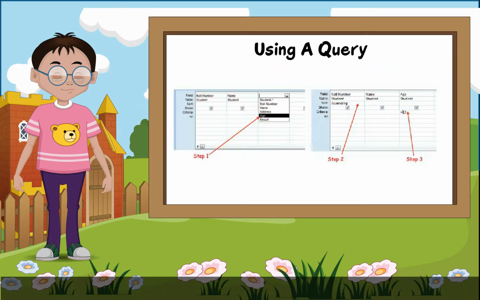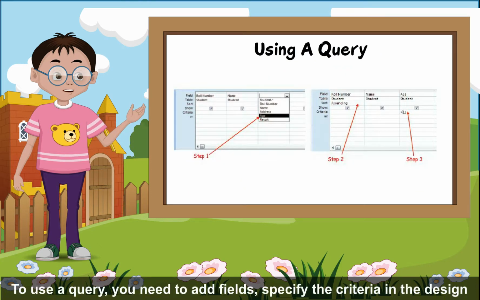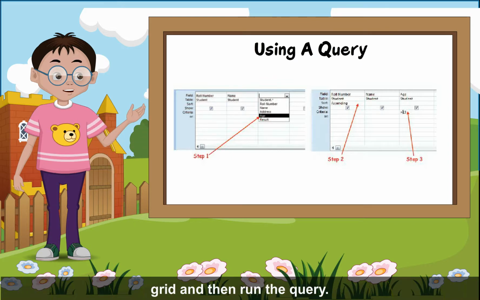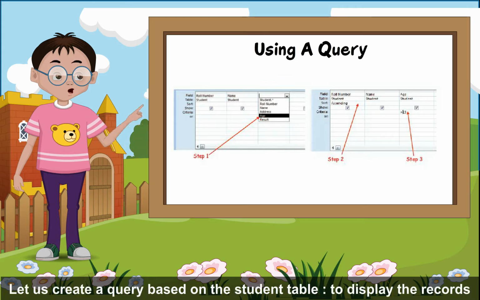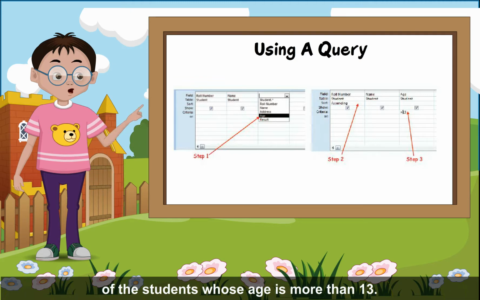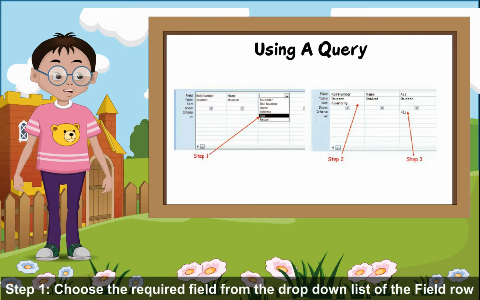Using the query. To use the query, you need to add fields, specify the criteria in the design grid, and then run the query. Let us create a query based on the student table to display the records of the students whose age is more than 13. Step 1.